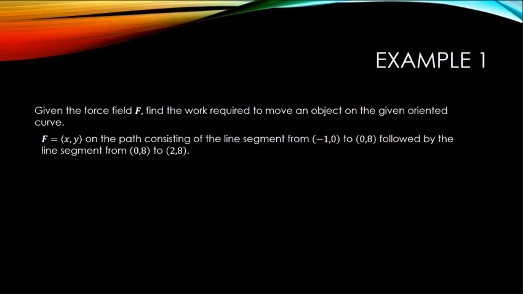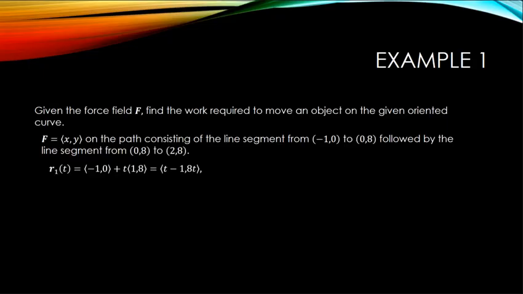Let's work an example. Given the force field F, I want to find the work required to move an object on the given oriented curve. The force F is equal to the vector with components x, y on the path consisting of the line segment from the point -1, 0 to the point 0, 8, followed by the line segment from the point 0, 8 to the point 2, 8. I have two paths here.